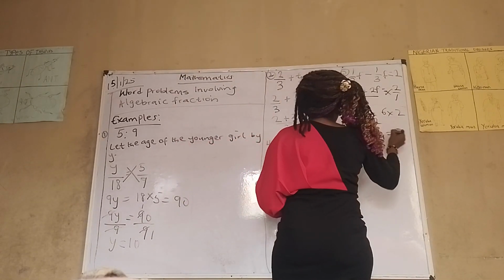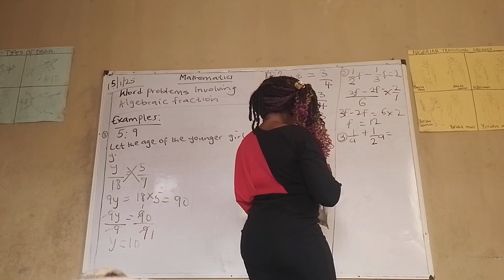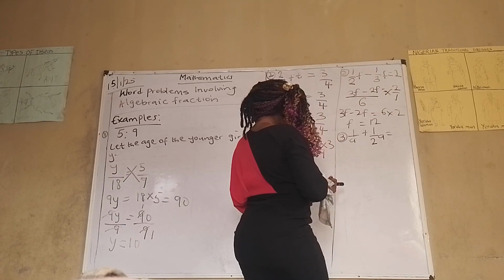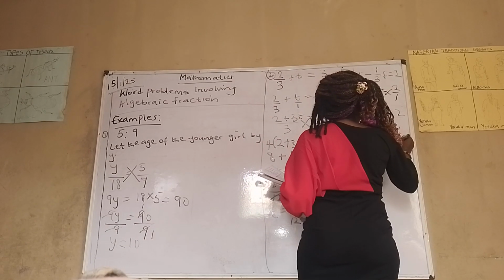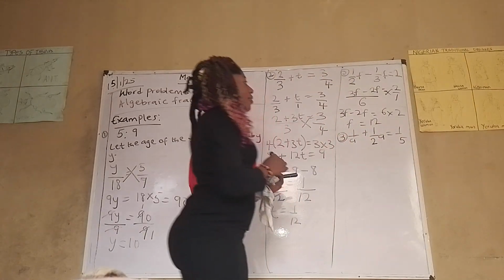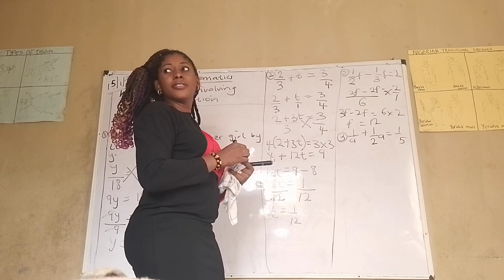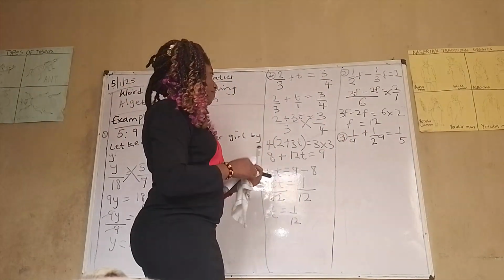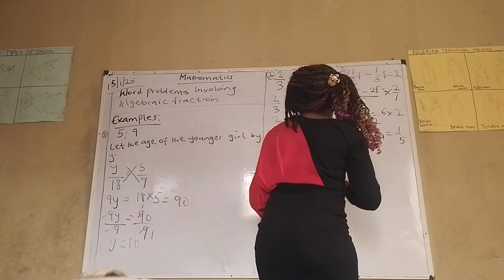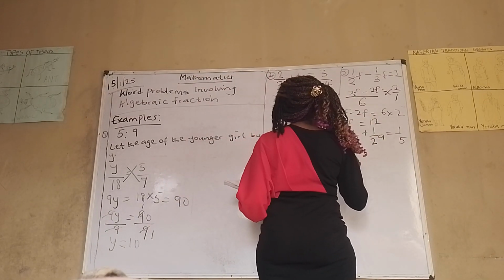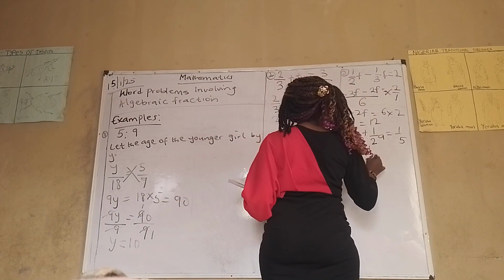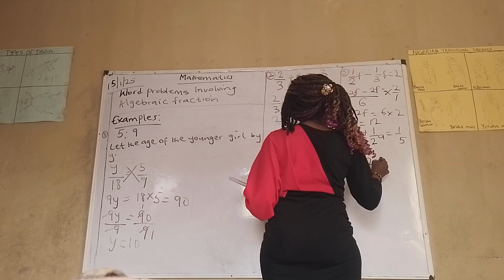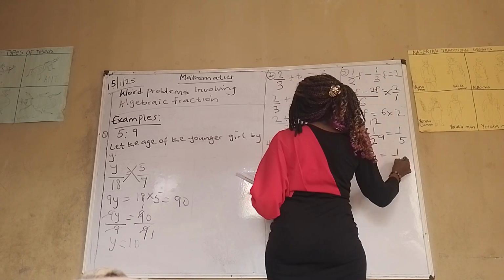The result is 1 over 5. So we have 1 over A plus 1 over 2A equals 1 over 5.